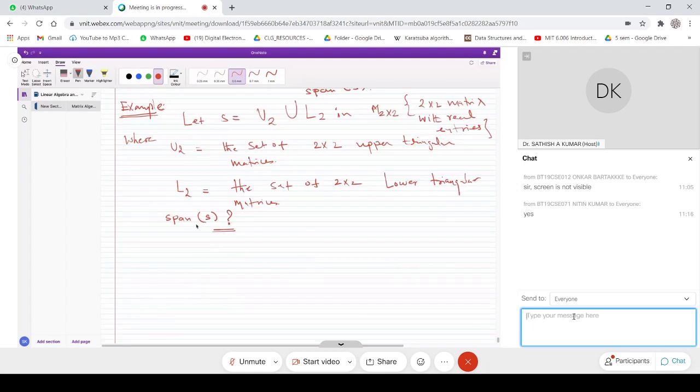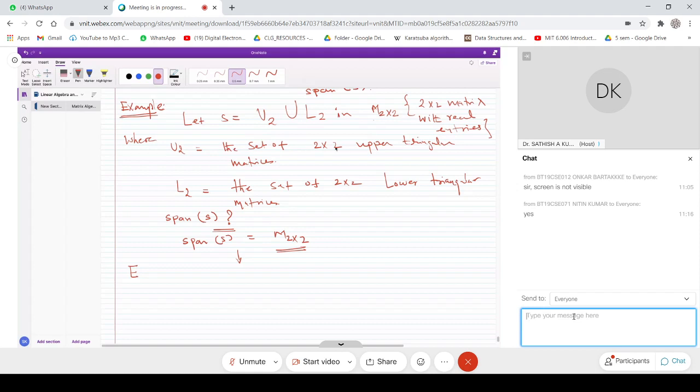Okay. So the span of S is nothing but the complete M22, the set of all 2 by 2 matrices. Why? Because U2 union L2 is a subset of the set of all 2 by 2 matrices.